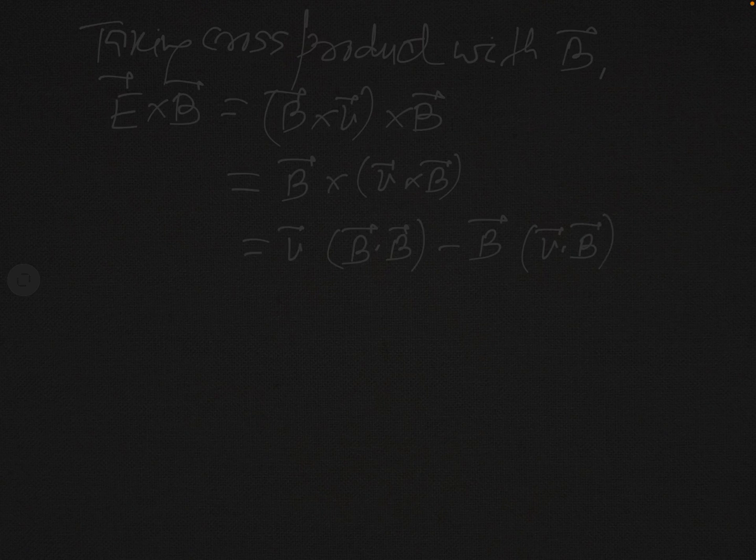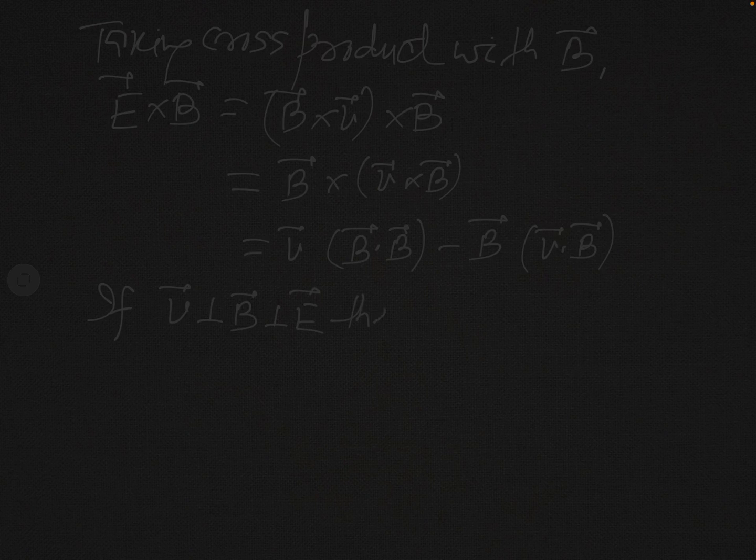V dot B. Now, as I have told you earlier, we project the particle perpendicular to both of the fields. So, if we take V perpendicular to B and also perpendicular to E, it means these three vectors V, B and E are mutually perpendicular to one another.